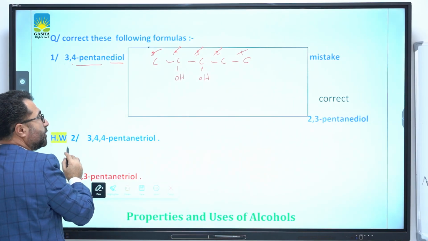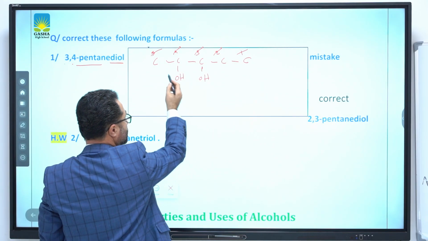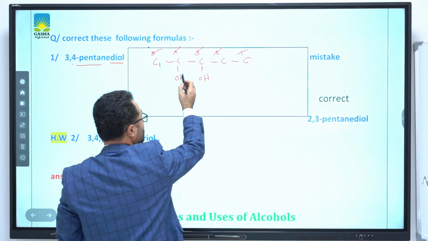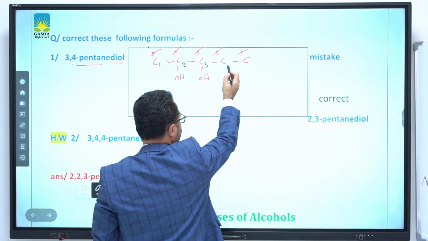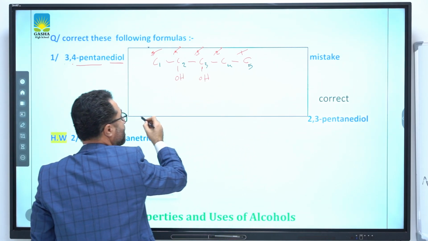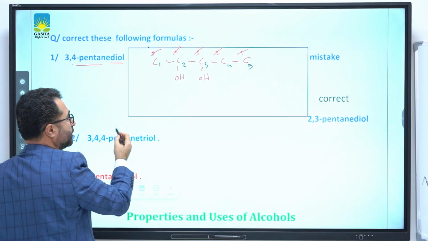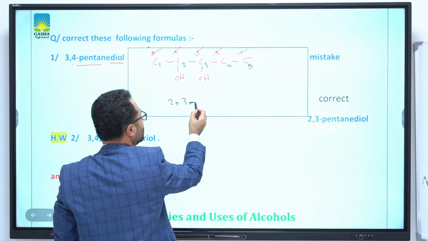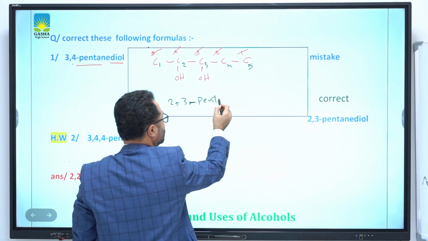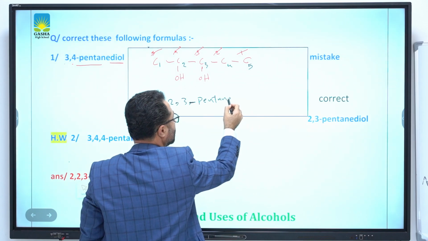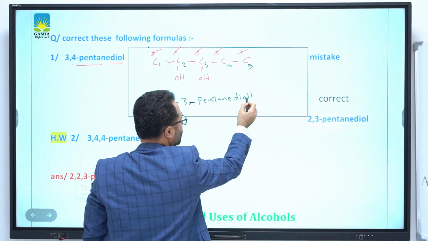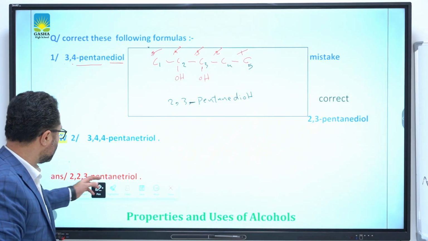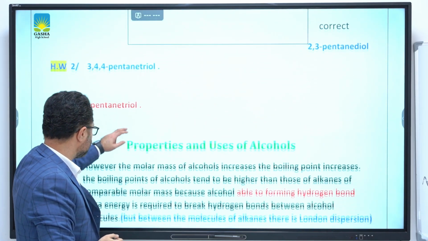You have to start numbering from the side that has the OH group, so you have to number it from the left side: 1, 2, 3, 4, and 5. So the correct name is 2,3-pentanediol, because you have 2 OHs. Pentanediol. The other is homework.